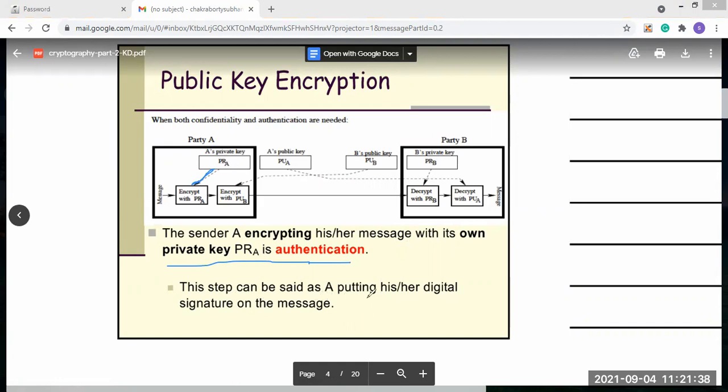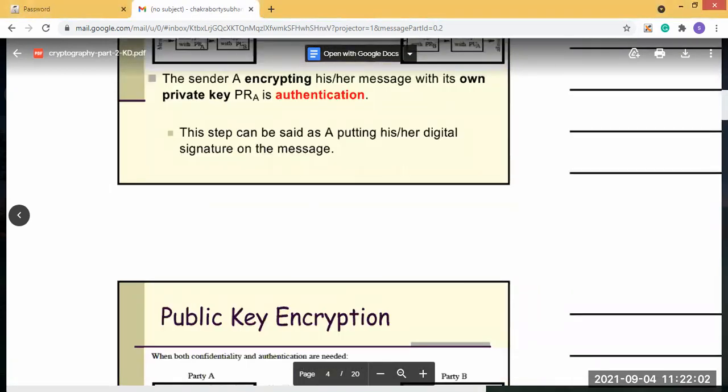And this step can be said to be A putting his or her digital signature on the message. When the message is encrypted using one's own private key, we can say it is putting a digital signature on the message.